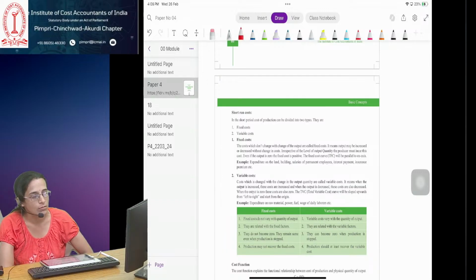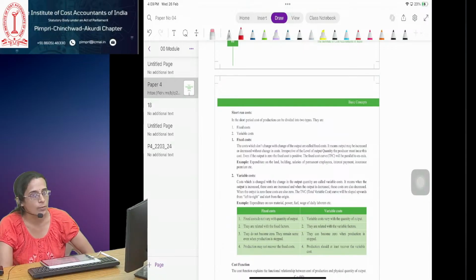Long run, only variable, right? And in the short run, fixed and variable. So can you give me an example of fixed cost? Land, building, machinery. What is variable cost? Raw material that we bring, whatever that may be, variable cost.